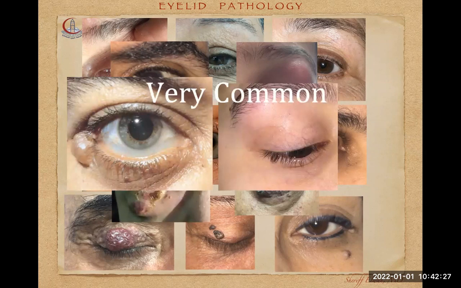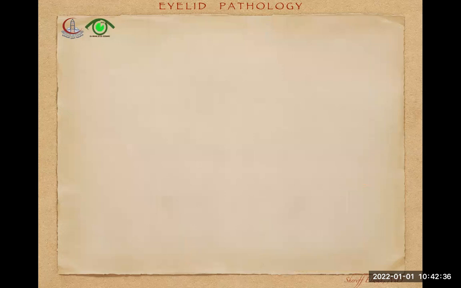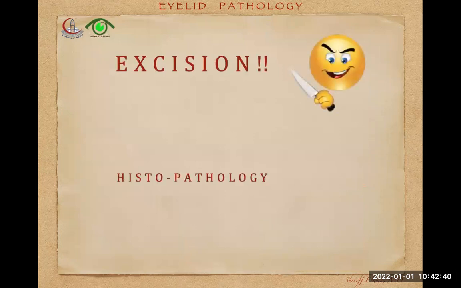These are very common that we see every day, and to every practitioner, there is a confusing pathology that I'm going to sort out in this lecture. What do you do? You excise. Do you biopsy all the time? I don't think so.